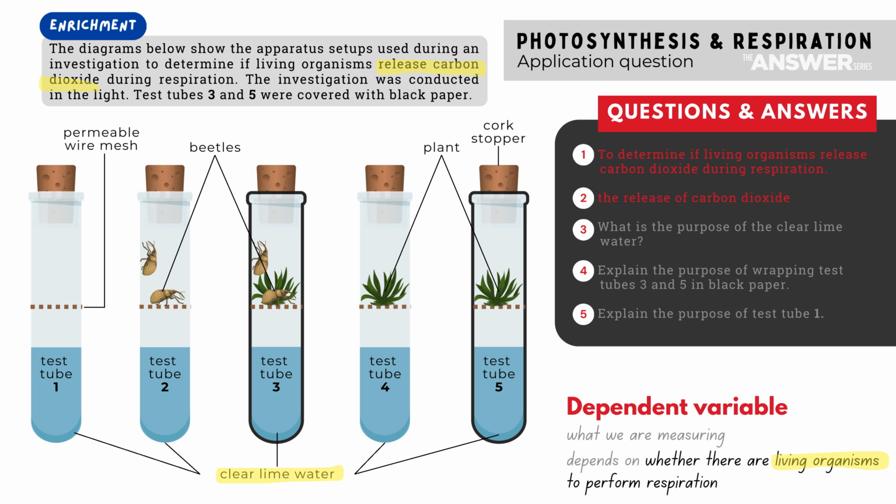So the living organisms and the respiration that they're performing is our independent variable, because we are manipulating whether respiration occurs inside each test tube by adding or removing living organisms. So the release of carbon dioxide depends on whether there are living organisms to perform respiration. And we manipulate the respiration, our independent variable, and we measure the release of carbon dioxide, our dependent variable. So just a little reminder of the difference between those two important variables for exams.